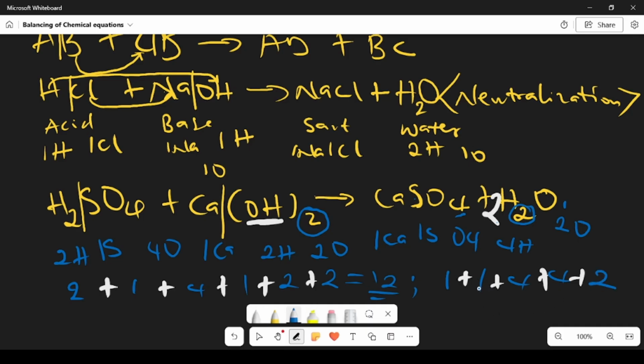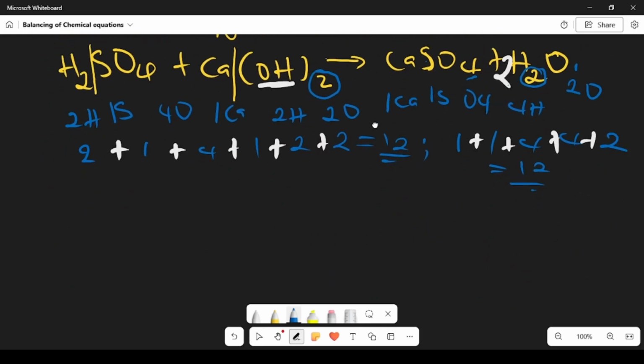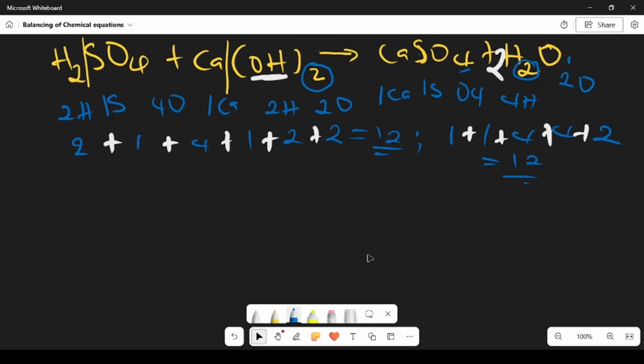So 1 plus 1 is 2, and 2 plus 4 is 6. 6 plus 4 is 10, and 10 plus 2 is 12. So we've balanced this chemical equation. We have an equal number of atoms at both sides. And that is very interesting.